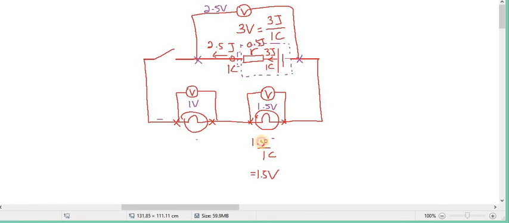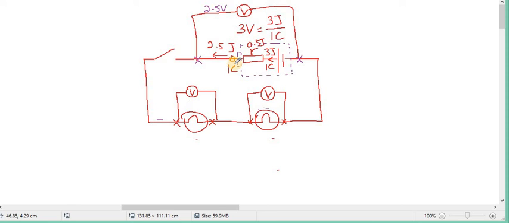So that means all of this reading will become 0. You see or not? Here becomes 0, here becomes 0. There's no more reading because the charge doesn't flow through the 2 bulbs anymore. So if the charge doesn't flow through the 2 bulbs, where does the charge go? Can the charge flow or not?